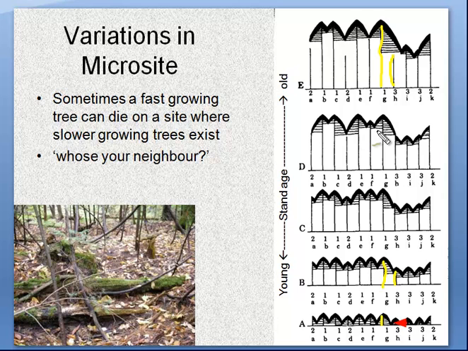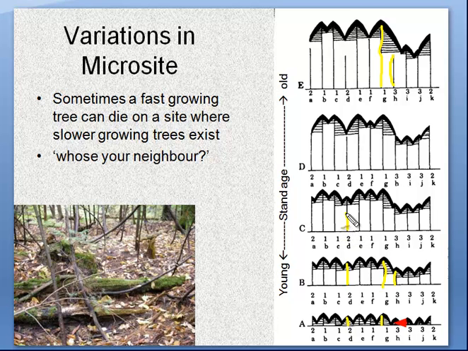Now that's not a big surprise, right? But then you go, well, all these are faster growing trees. Let's go back to the bottom of the diagram. You look at, for example, D, a fast growing tree. So away they go, but for some reason, because of a slightly different microsite, D, a fast growing tree, is left behind.